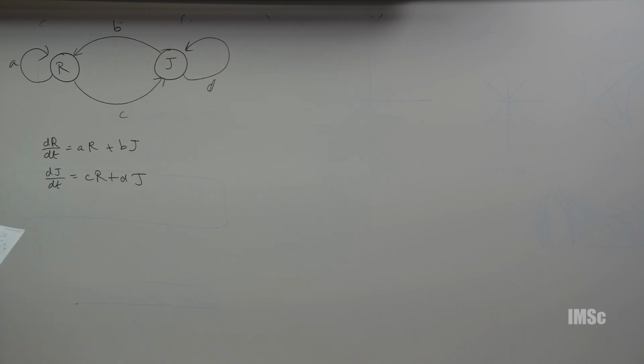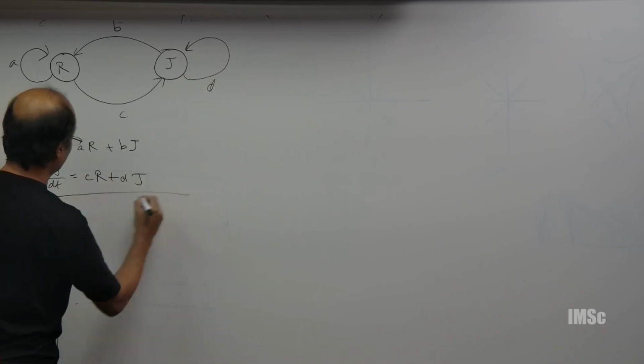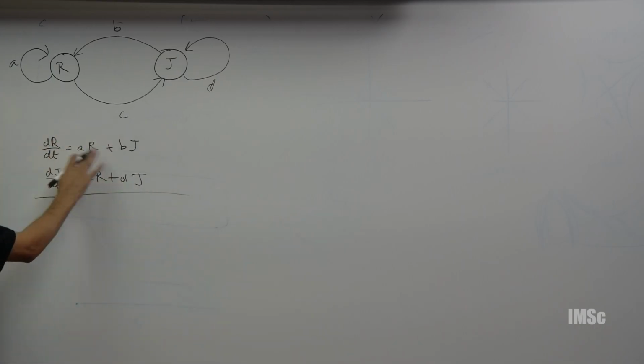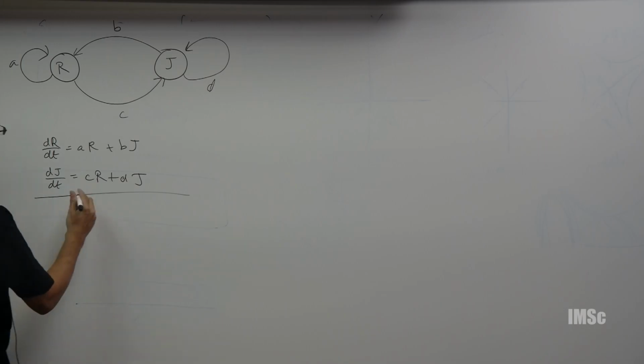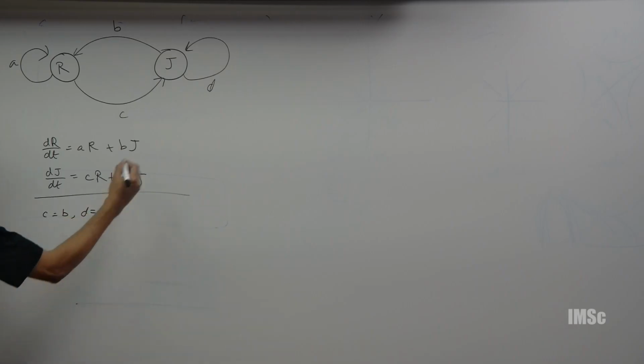Okay. So suppose we take the form where, magnitude-wise, they are identical lovers. So in other words, C equal to B and D equal to A. This is just for simplicity.